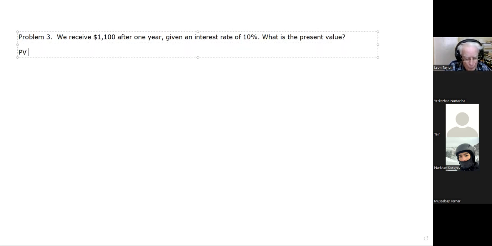Remember, our formula for present value is the future value divided by 1 plus the interest rate to the power n, where n is the number of years to maturity.